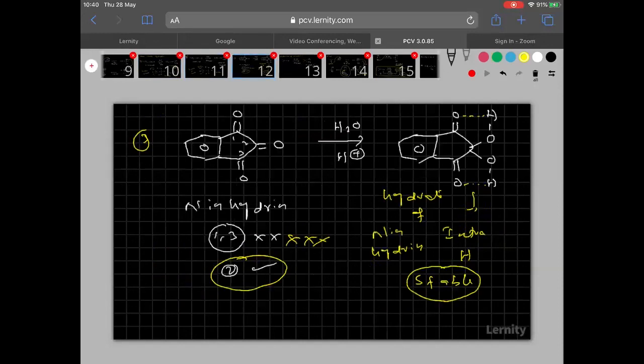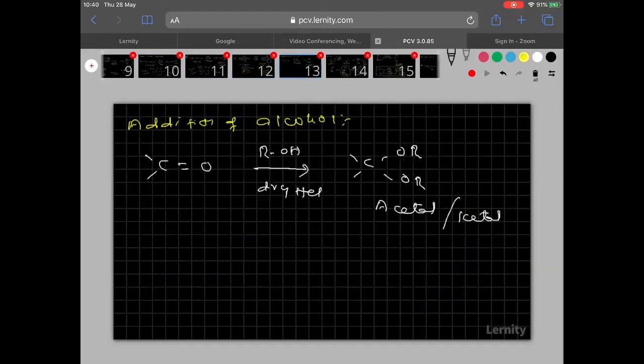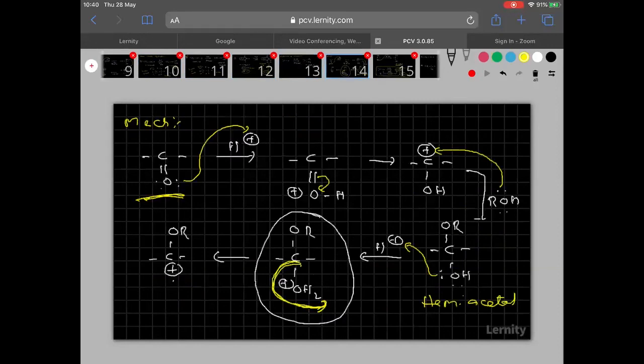This is the 12th slide. Thirteenth slide. 14th slide.